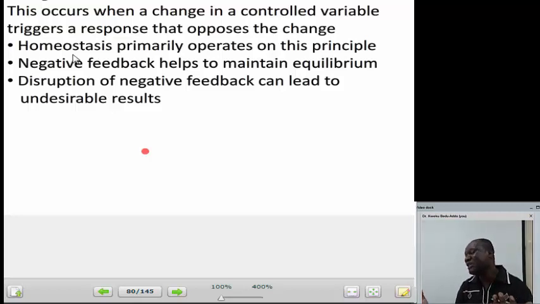Vasodilation of the blood vessels in the skin, which ensures that heat is lost by radiation, and the sweating and subsequent evaporation of the sweat that ensures that the body temperature is cooled. So the temperature remained the same. The changes generated a response which opposed the change.